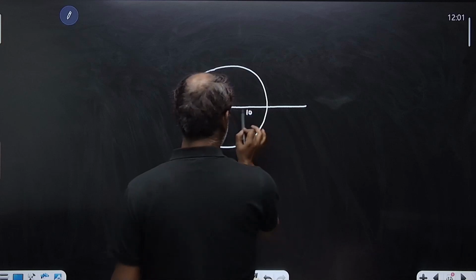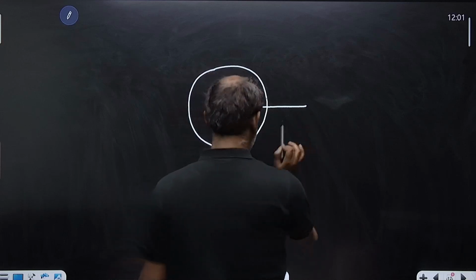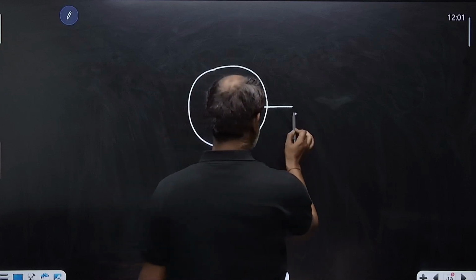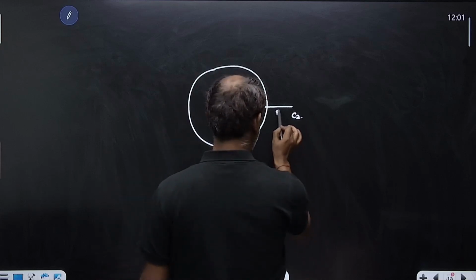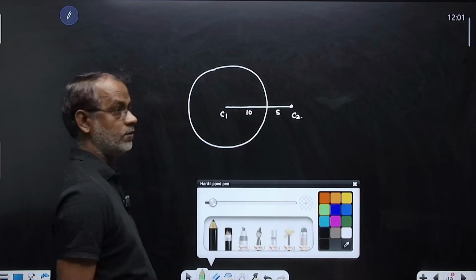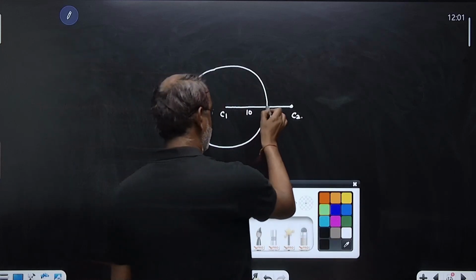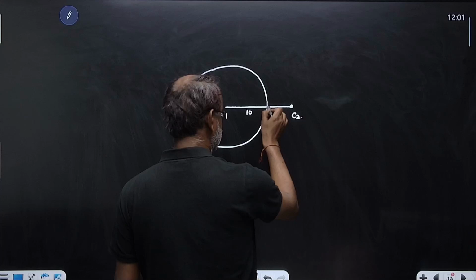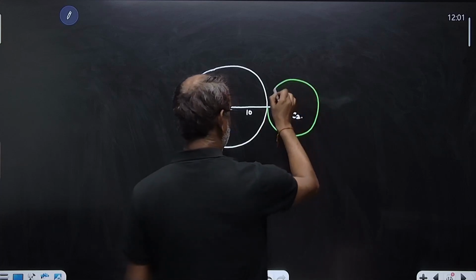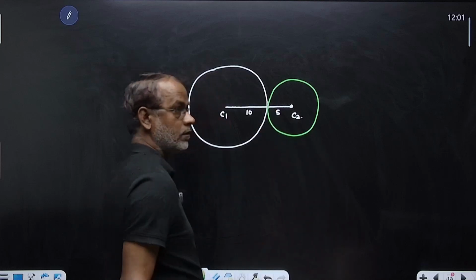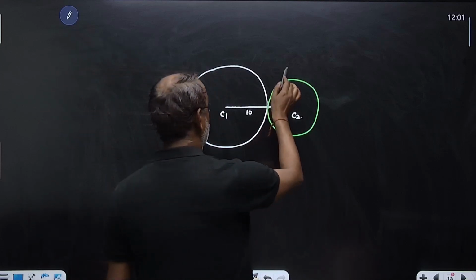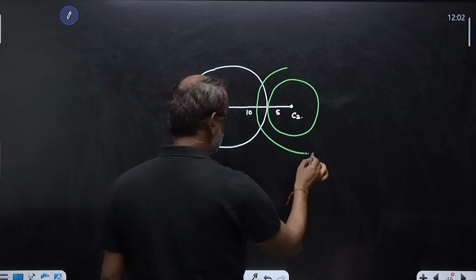So, this is 10. This is 5. With this as center, we need to draw circle. Okay. So, we have to draw circle of at least radius 5, so that we can draw a circle of larger radius, no issues.